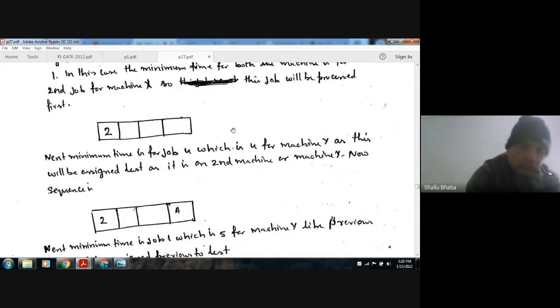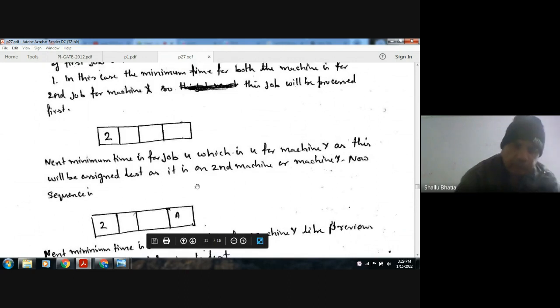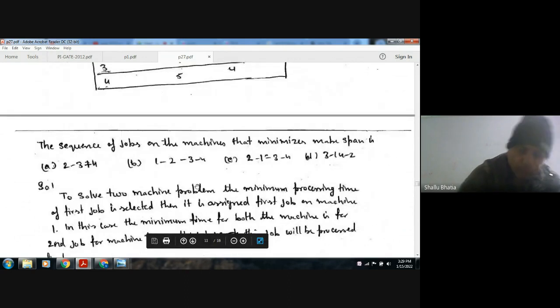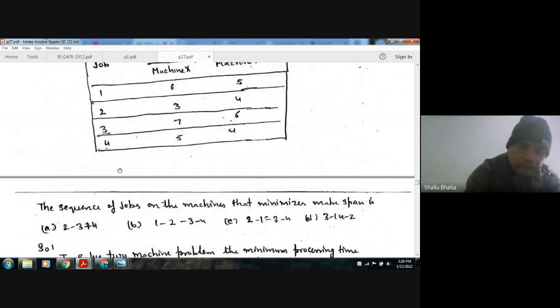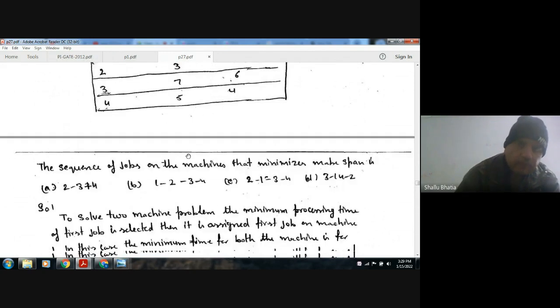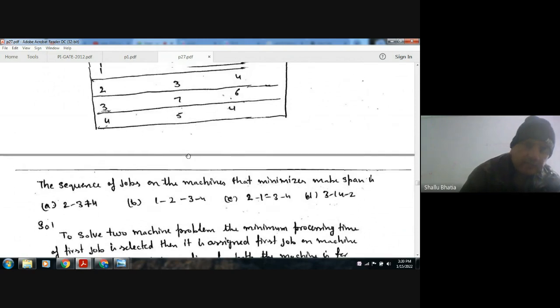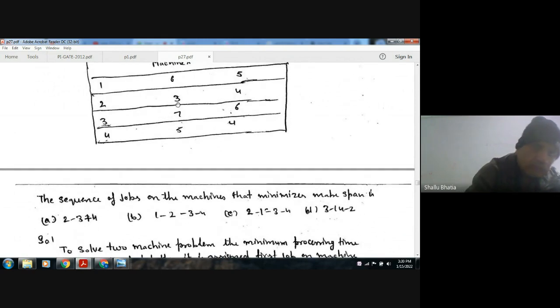So this is the fourth job, which will be carried out at last. Whenever the minimum time comes on the first machine, take it from the left side, from the starting, and whenever the minimum time comes on the second machine, then it is the last one.